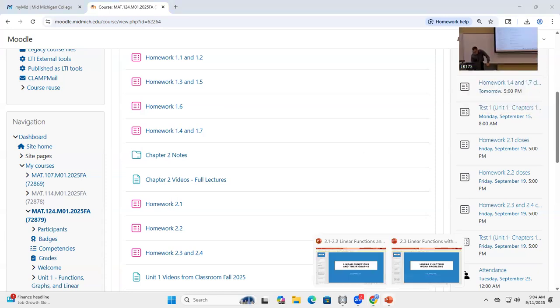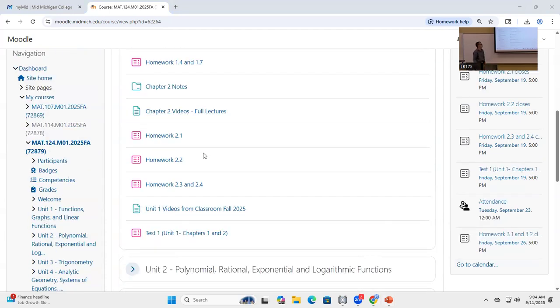All right, well, today what we're going to do is start in on chapter 2. Chapter 2 is fairly straightforward. It's actually, I think, a little bit more straightforward than chapter 1 was.